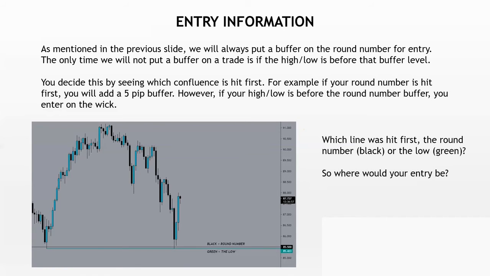The first confluence price is going to hit in this example is the round number, because the round number is at 85.5. The wick of the low is at 85.423. Well, 423 is 7.7 pips after the round number. Does that make sense?